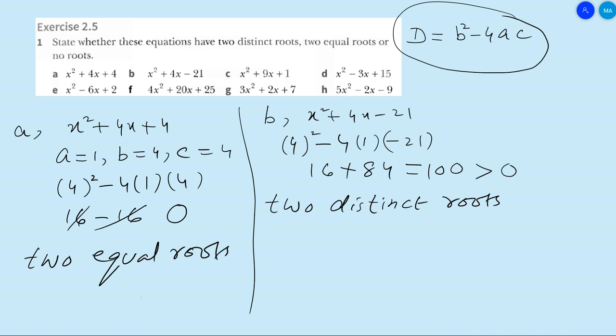Now come to part C. This is the answer of part A. This is part B. Come to part C. x square plus 9x plus 1.